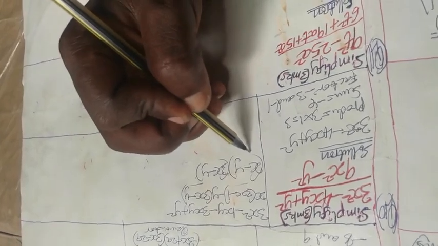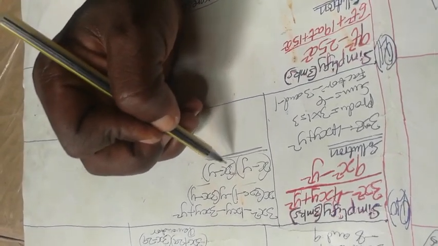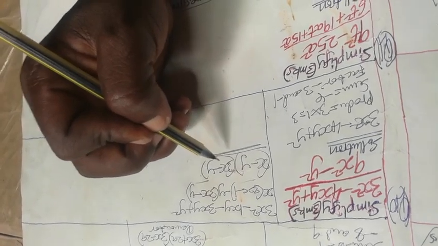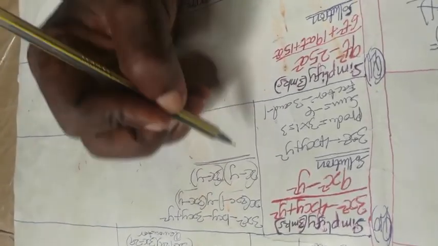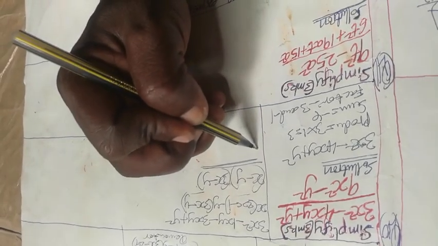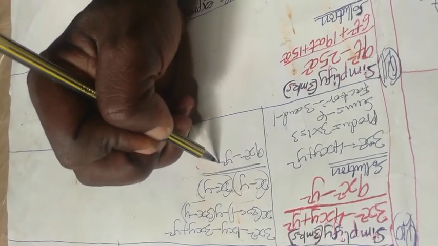This is our numerator, x minus y times 3x minus y. Our denominator is 9x squared minus y squared.